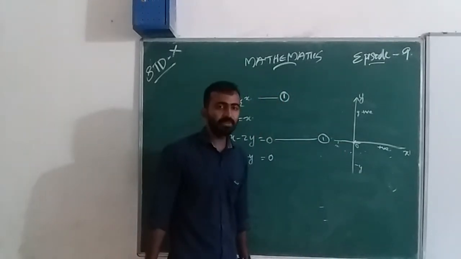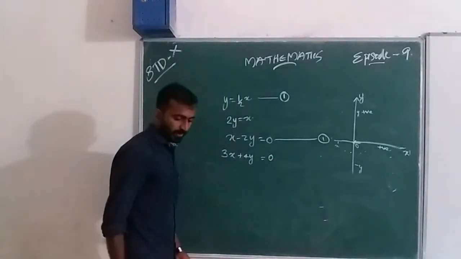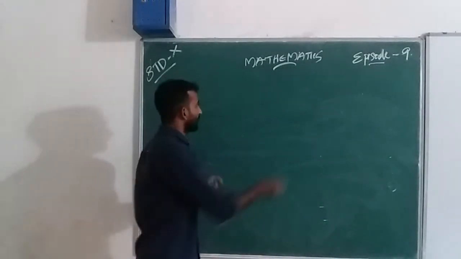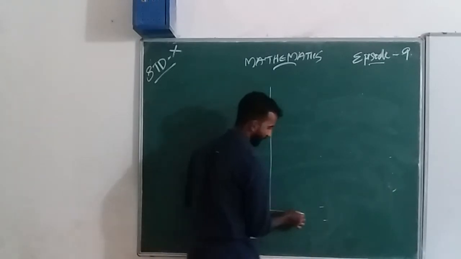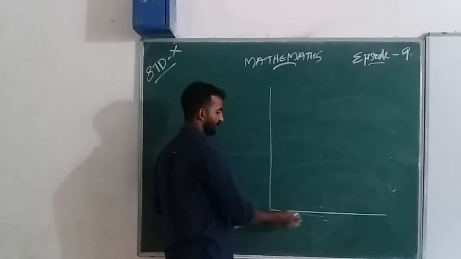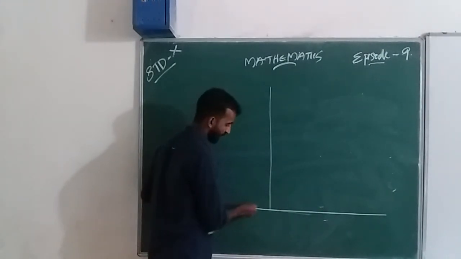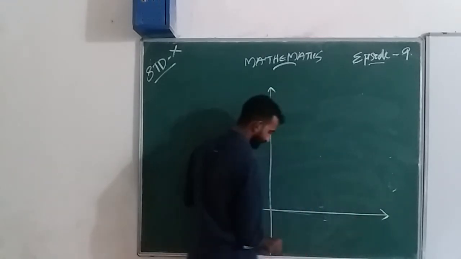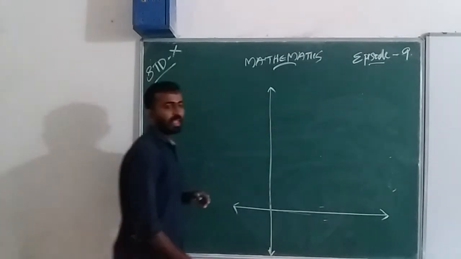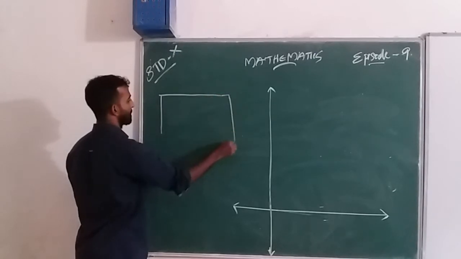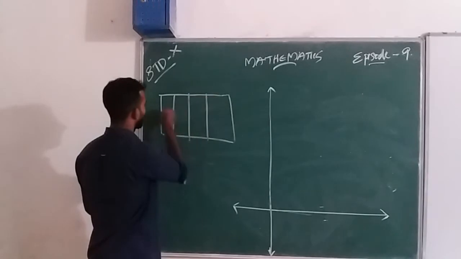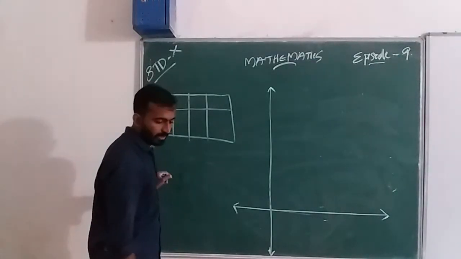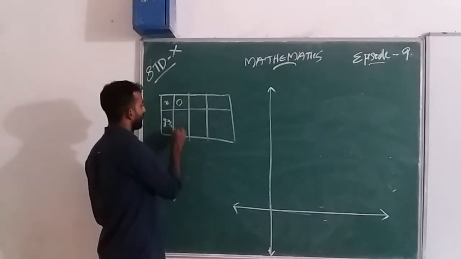Is it? For drawing we want two points, so let us take the points. y is equal to x by 2, and we take the point 0, we get 0.